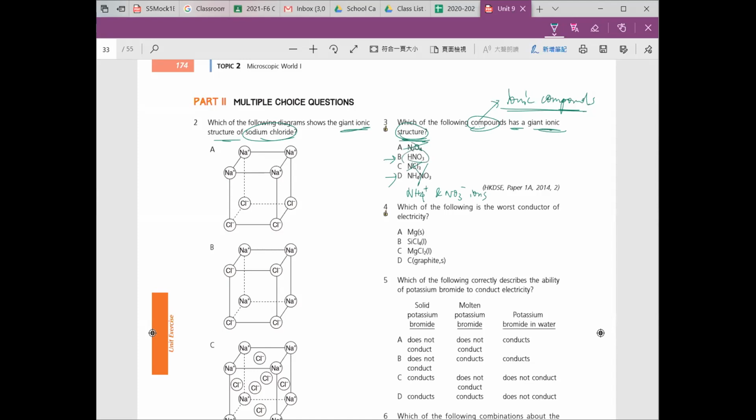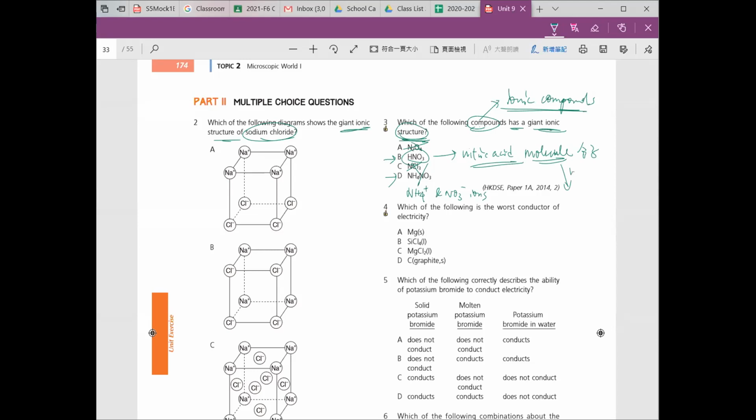How about B? The compound itself is not a giant ionic structure, but maybe some of you may have heard of it before, right? So what is that? It is nitric acid. Nitric acid is very special. It is a type of molecule, but that molecule is very strange.